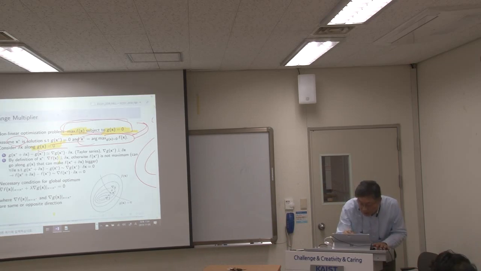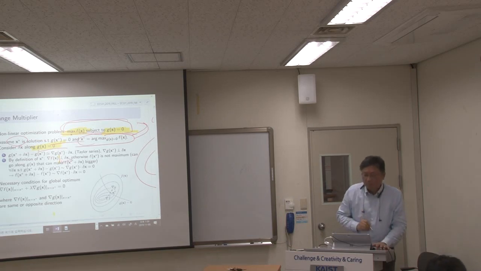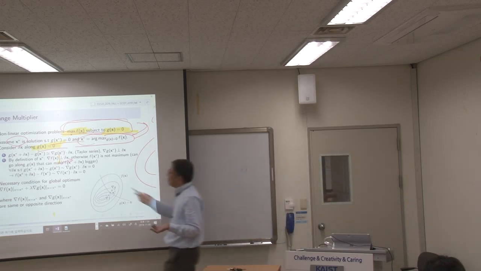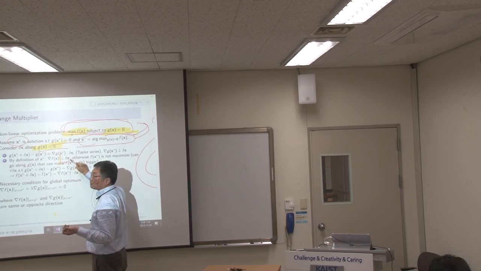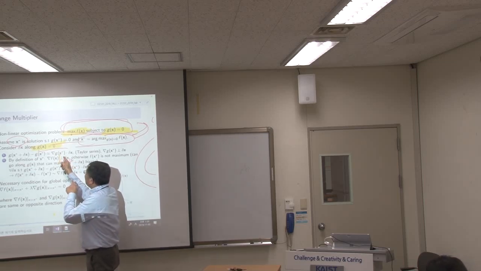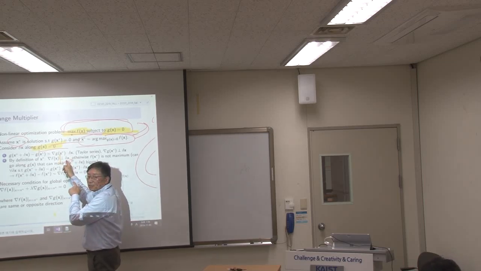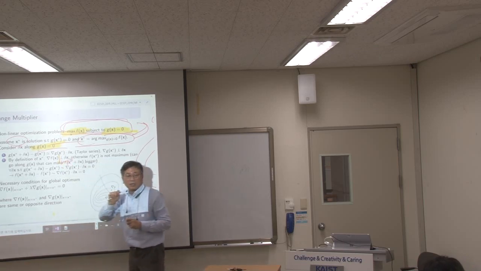If you don't understand, please say so. This is increasing at x star, and this is going along delta x. Which direction is delta x?